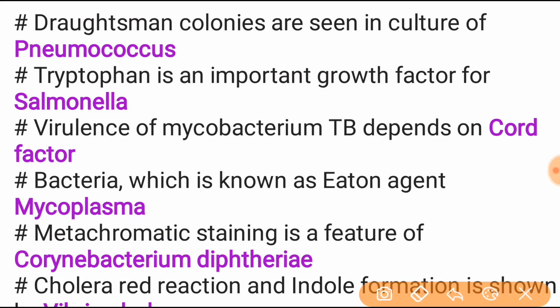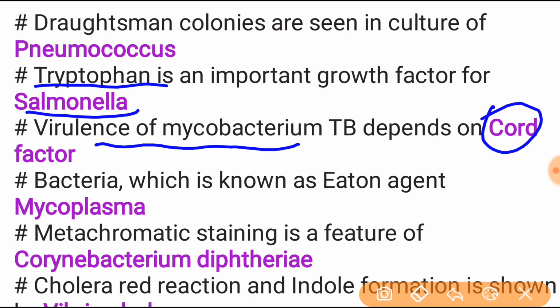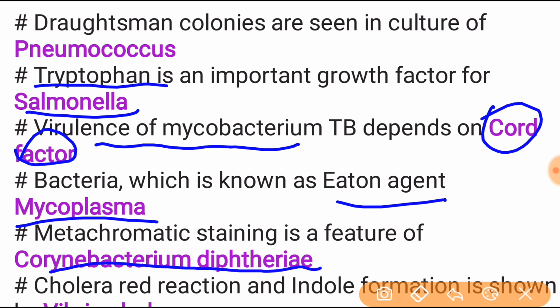Tryptophan is an important growth factor for Salmonella, and virulence of Mycobacterium tuberculosis depends on the cord factor. The bacteria which is known as an irritant agent is Mycoplasma, and metachromatic granules are a characteristic feature of Corynebacterium diphtheriae.